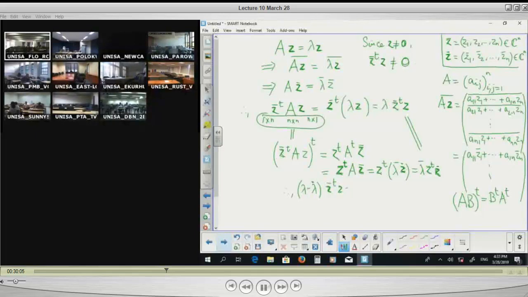These are complex numbers, this is also a complex number. Okay? This is equal to 0, but I know that Z bar transpose Z is a non-zero number. So it forces lambda minus lambda bar to be equal to 0, which says lambda is equal to lambda bar.